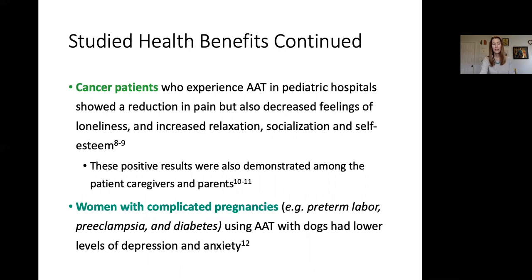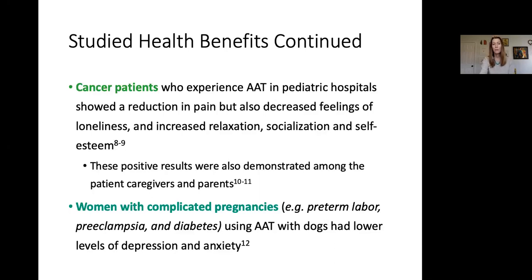We have found that among cancer patients, animal-assisted therapy has been extremely useful in reducing pain, but also reducing feelings of loneliness and increasing relaxation, socialization, and self-esteem. Now, the very cool thing about some of this research within these cancer patient populations is that you were seeing a positive effect not only with the patient, but also with the caregivers and those who were assisting with the treatment plan of the patient.